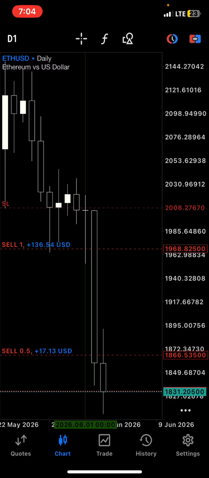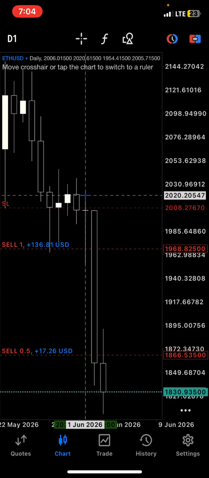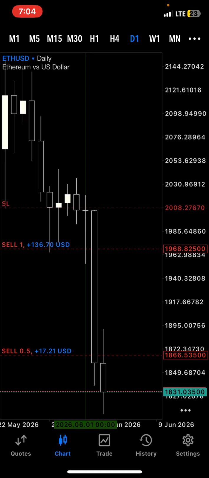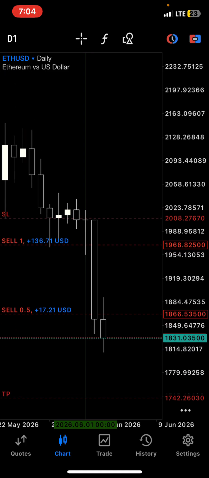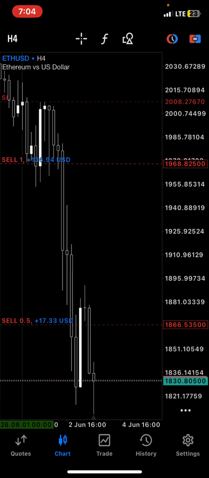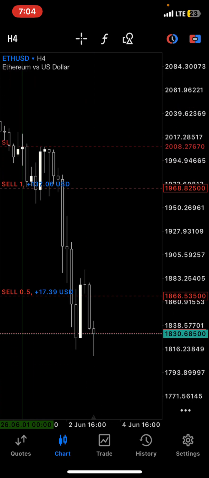So if we have the same move, a higher time frame move here, and I place another entry before it hits this stop loss or this take profit, then I can move this stop loss to the new higher low and then hold.